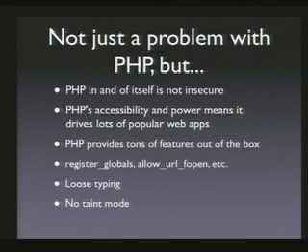Tainting is something that exists in Perl. It's something I know you can turn on in Ruby. I don't know that it's on by default. But basically, if you're not familiar with it, in a taint mode the interpreter takes a look at where certain data is coming from and doesn't let you do anything with that data until you've validated it. You basically have to do some kind of check and manually say, yes, this matches how I want to use it.